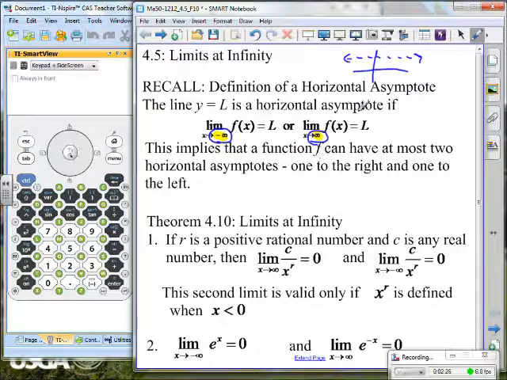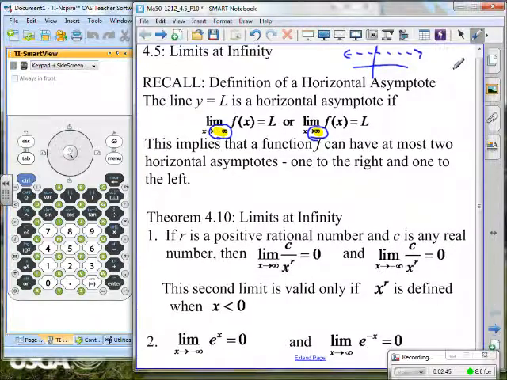Now, here's a visual I want you to think about. We all know about zoom in and zoom out. We've seen that on lots of things. Google Maps is a good one. If you zoom out far enough, you lose the detail. When we zoom out, we're saying, let's take the input just as far as we can in this direction and in this direction.